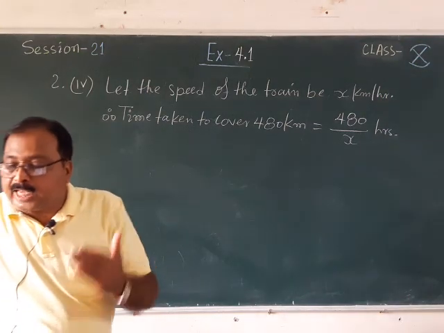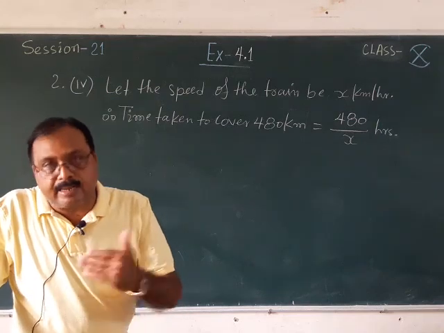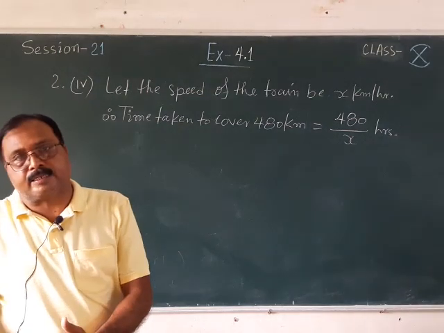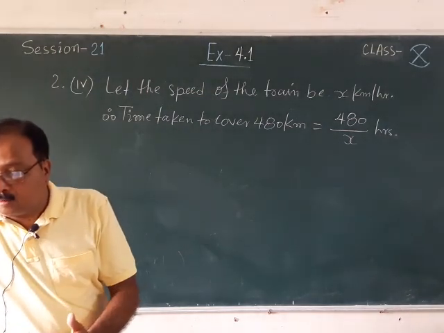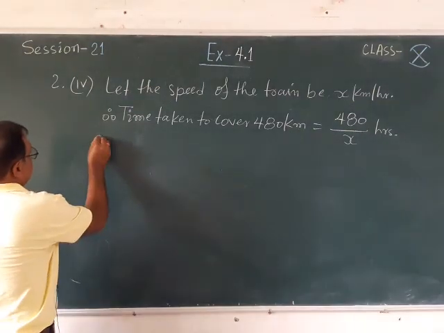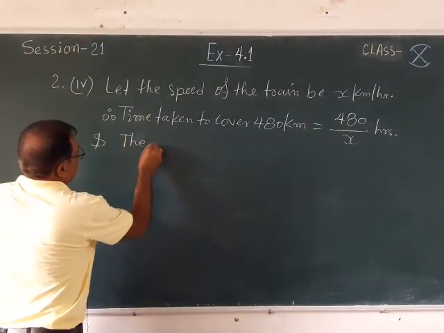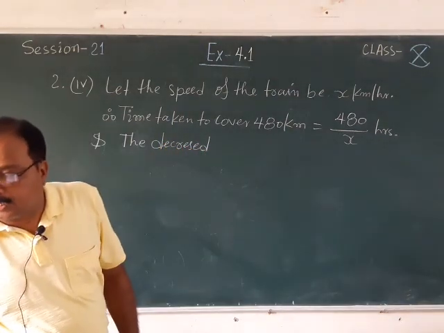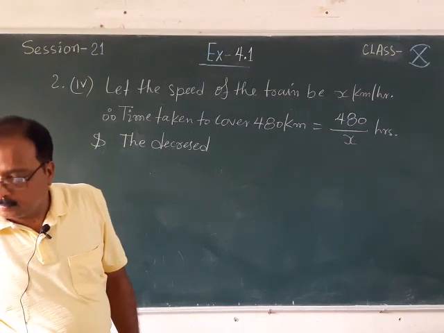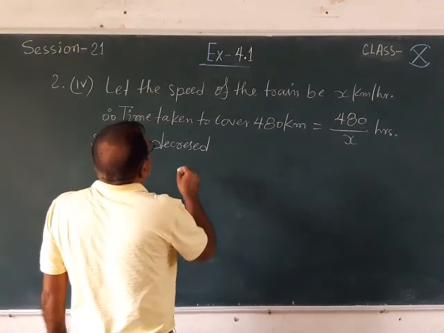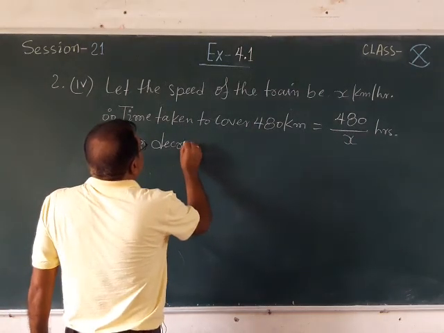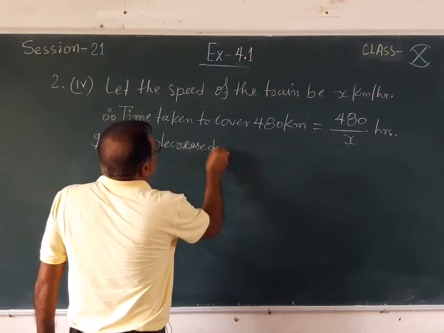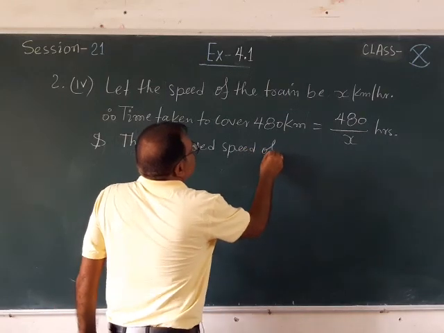Now what is written there? If the speed had been 8 kilometer per hour less, then it would have taken 3 hours more to cover the same distance. That means now the decreased speed of the train.